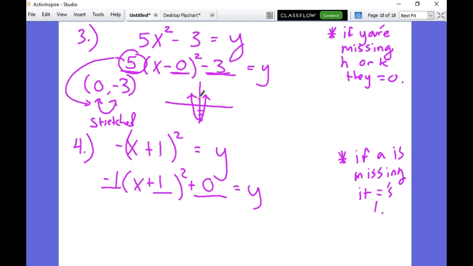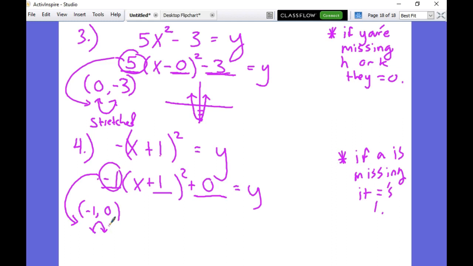All right, so Danielle, what's our vertex on number 4? -1, 0. Yes. This is negative. Is that going to be a happy face or a sad face? Okay. Nathaniel? Yes.